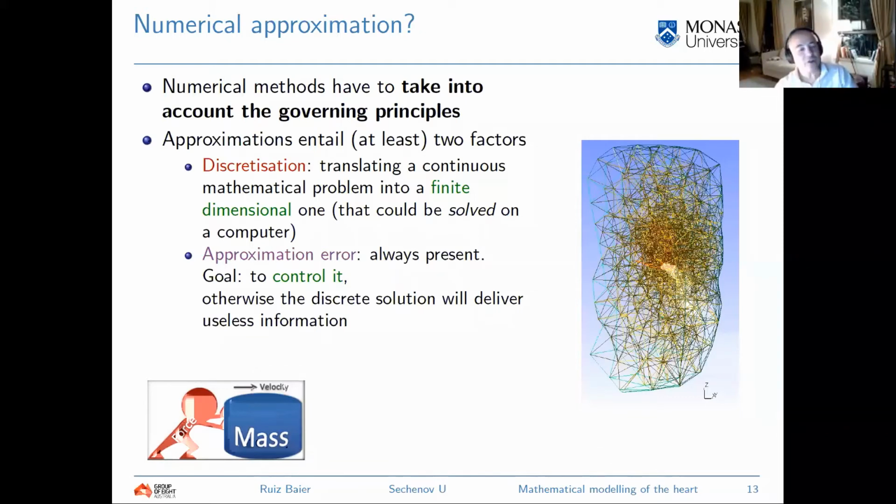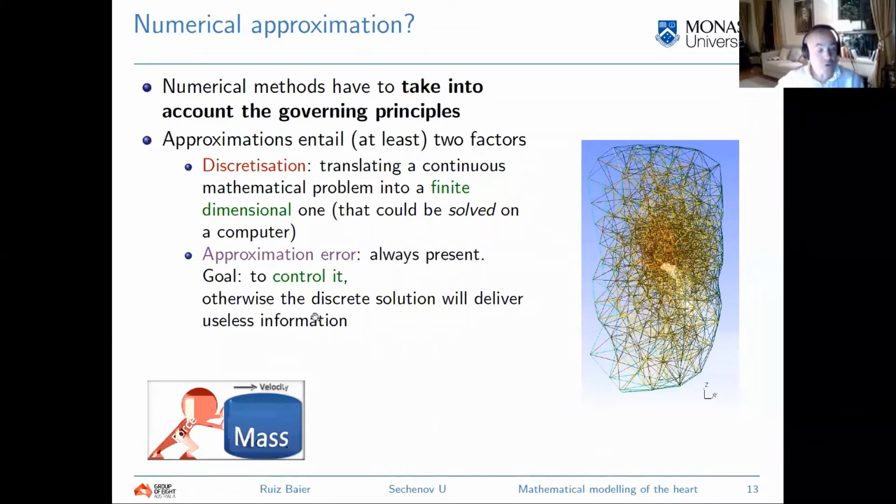You're committing error the moment that you write a mathematical model as well, because you're doing simplifications of real life. So there's one error there, but also when you pass that equation to the computer, you're committing error. So there's discretization error, where you translate your mathematical problem into a finite dimensional one that you could solve in a computer. And there's an approximation error.